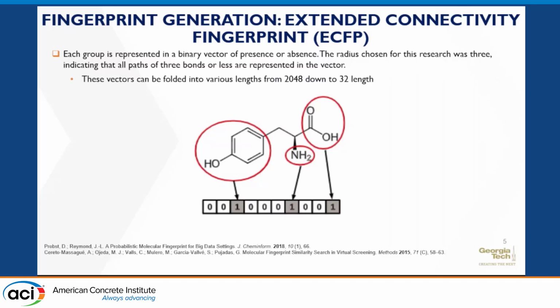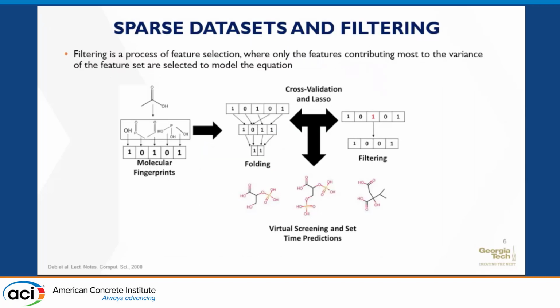Again, this can vary in size. In this case, we have a hydroxyl group here that corresponds to a 1 in this vector. If you don't have this chemical group in your molecule, then this would have been 0, and you have a lot of these representations here.